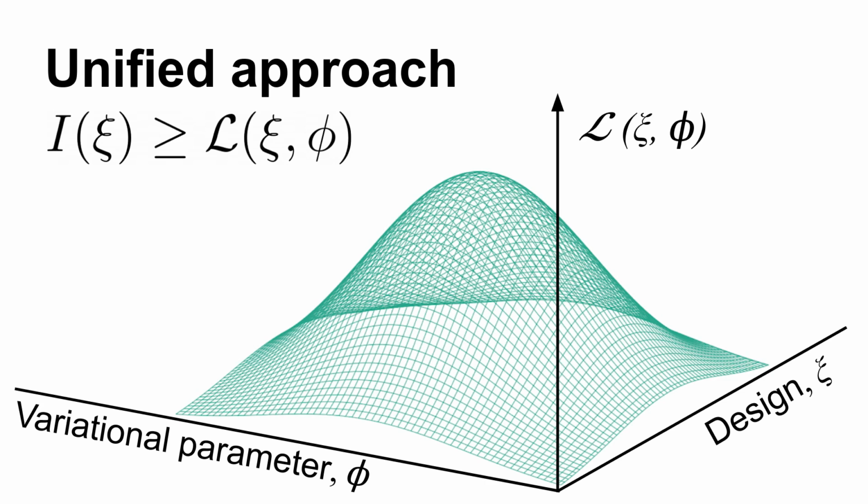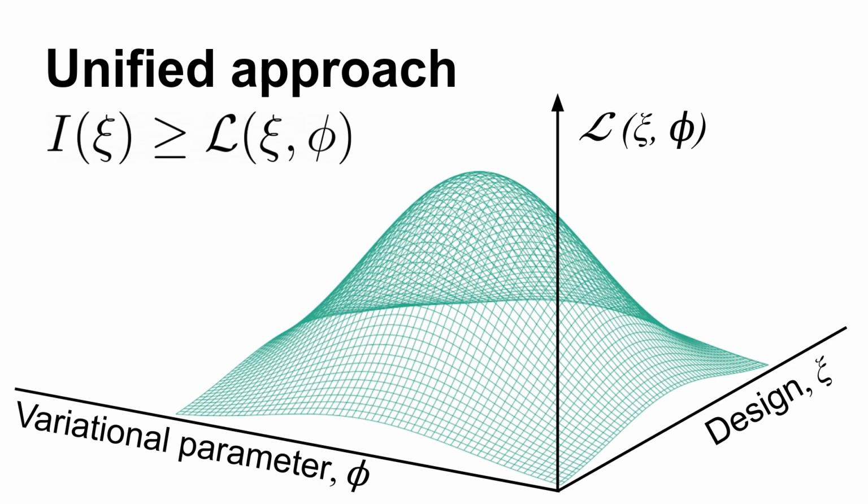The core of our idea then is to use variational lower bounds. If we start with this inequality in the top left, our variational lower bounds are functions of both the design and a variational parameter phi, and they're always a lower bound for every value of phi. So if we were to fix the design and then optimize with respect to phi, and that's the approach that we took in that variational BOED paper, then we could obtain a good point estimate of EIG at design xi.